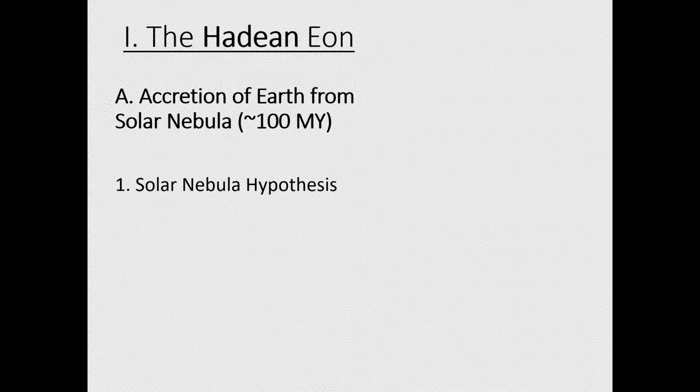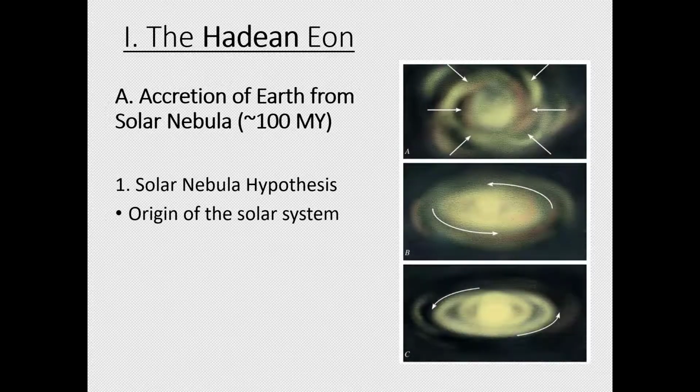So if you recall, the solar nebula hypothesis is the origin of the solar system, where the sun and the planets of our solar system were created from a gas cloud that was then hit by energy from a supernova, began to collapse into a disk-like structure, and under its own gravity, segregated into the outer planets, the sun, and then the inner planets. So let's pick up from that spot.